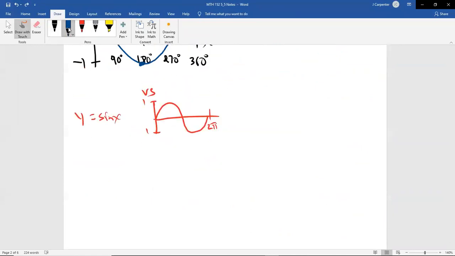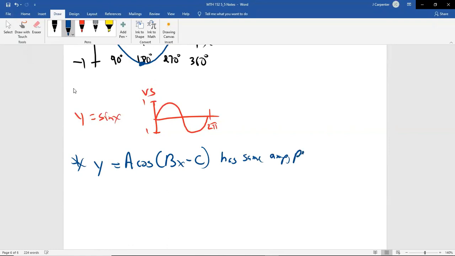Oh, but first, point out that y equals a cosine of (bx minus c) has the same exact process for finding amplitude, shift, period. That does not look like shift.